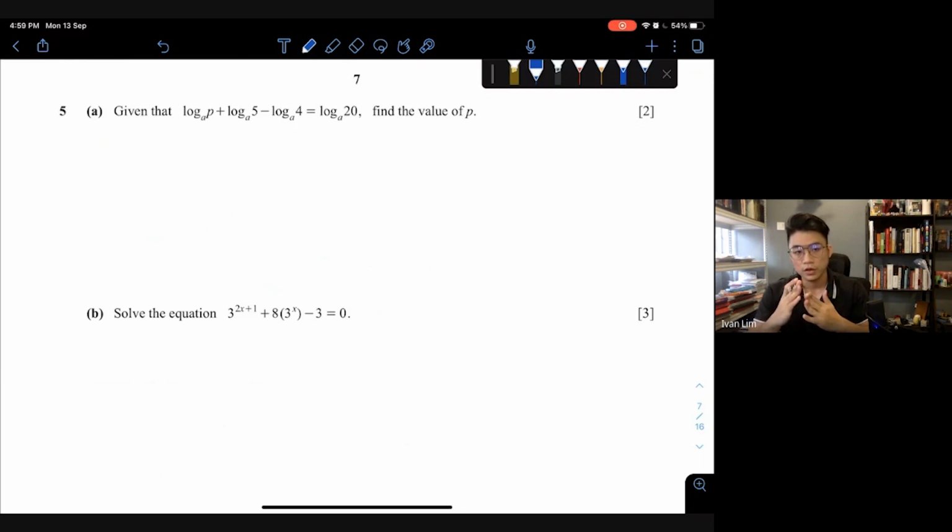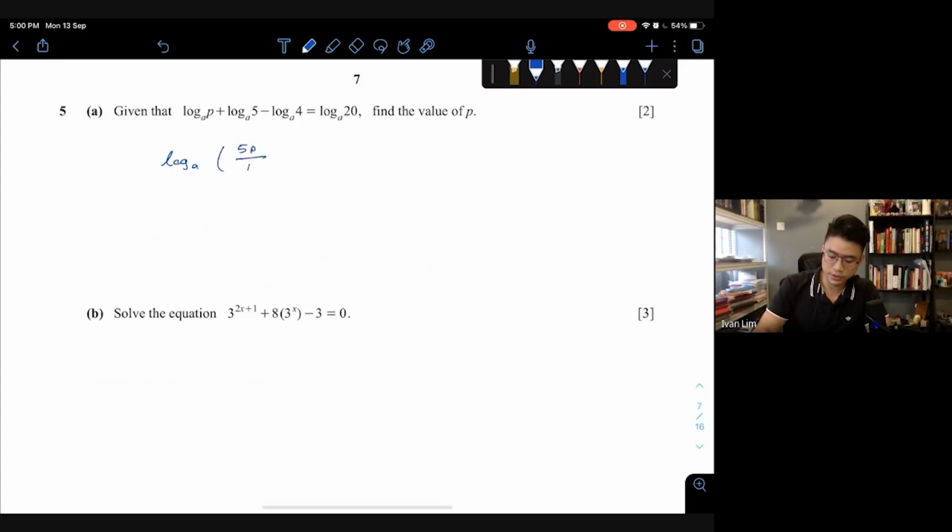So follow the laws of logarithms. Here the plus, you multiply, so multiplication law, 5p, minus, divide, equals log a 20. Then you compare the arguments, 5p over 4 equals 20. Multiply 4, divide 5, p equals 16.